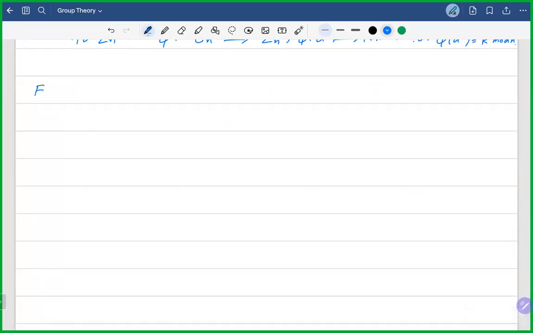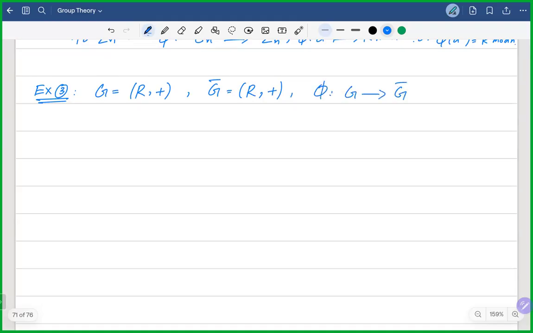Now, a few more examples. Example 3 says the mapping from R under addition to itself, so let's say G is R under addition, G bar is also R under addition, phi is a map from G to G bar given by phi of x equal to x cube, is not an isomorphism.